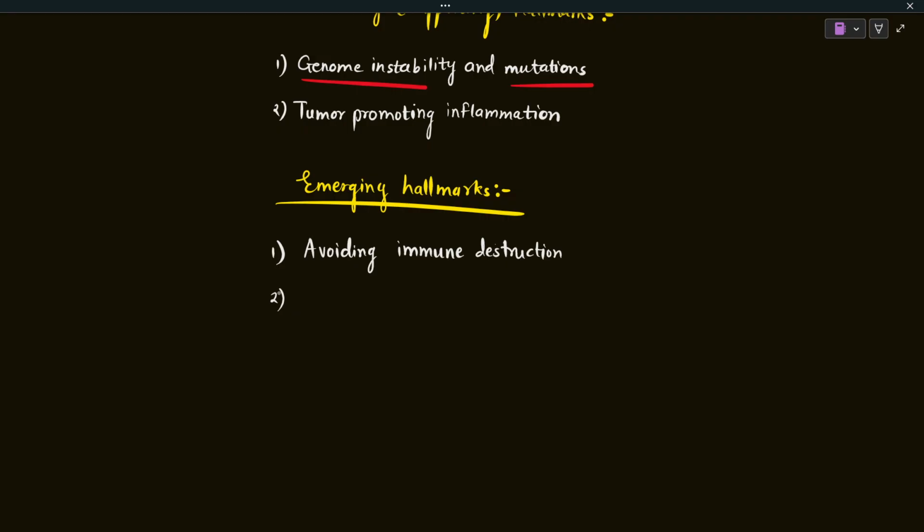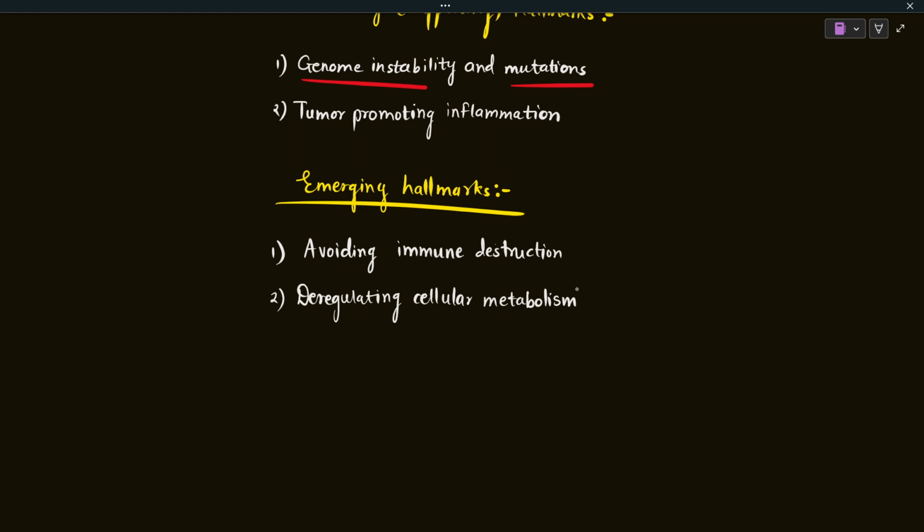The second emerging hallmark, which is also quite important, is deregulating cellular metabolism. The cancer cells do not exhibit the normal cellular energetics. The normal cellular energetics is disrupted, deregulated in the cancer cells.